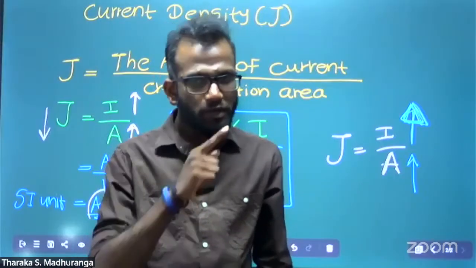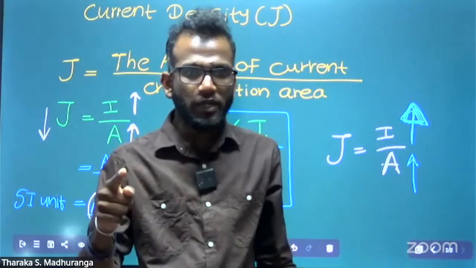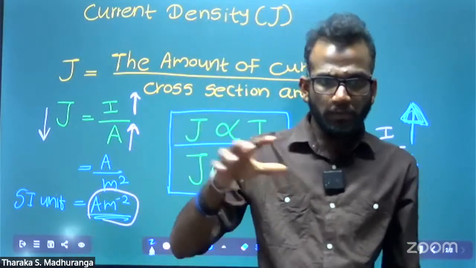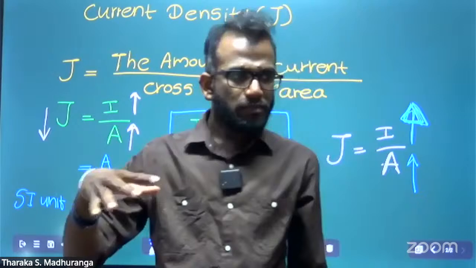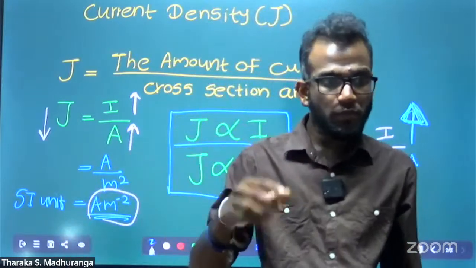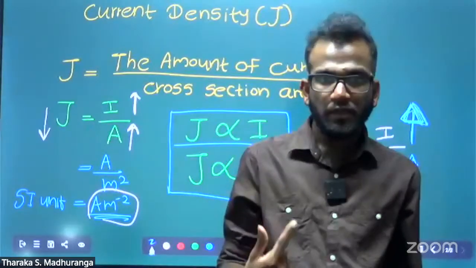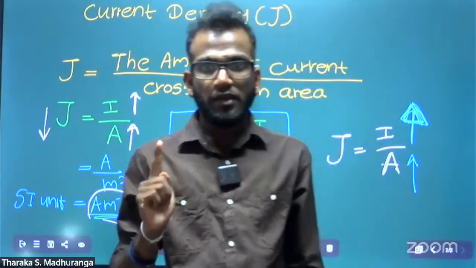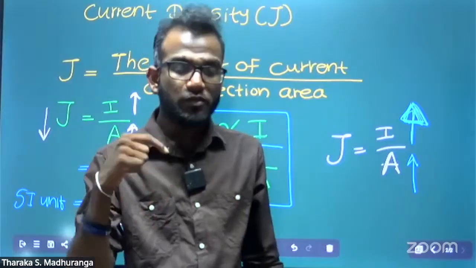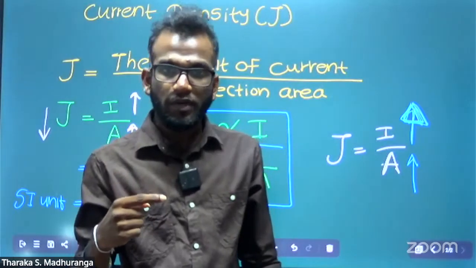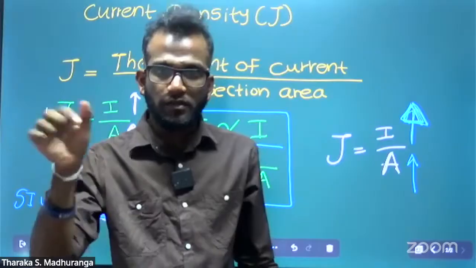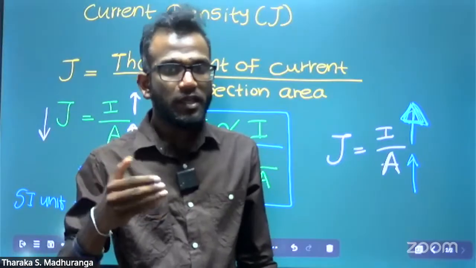Therefore, in your day-to-day life also, if you plug in more appliances and draw more electricity from one plug, it is dangerous. It has conductors with a very small cross section area.